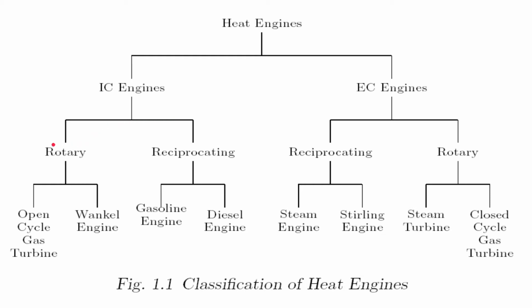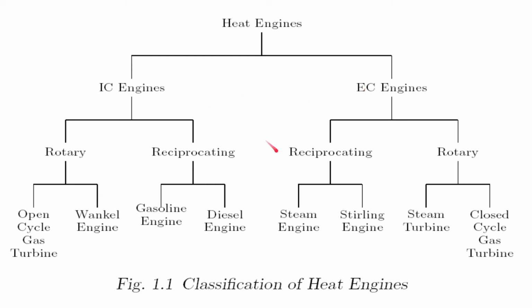One of them would be the rotary engine, and another would be the reciprocating engine. A rotary engine means that both of the ends of the engine are moving in a circular fashion, while in a reciprocating engine, one end can move in a circular fashion, but the other end has to reciprocate in a single to and fro motion, so up and down or left to right.